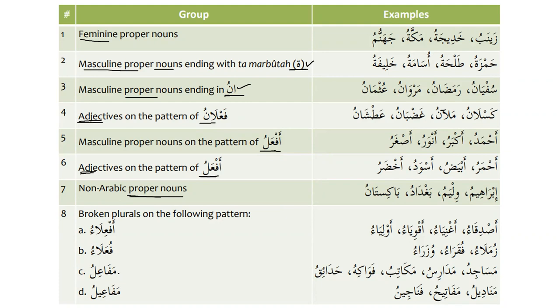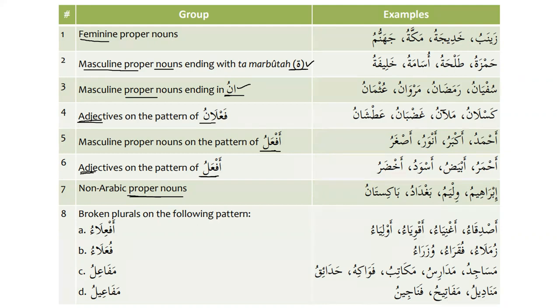And two also patterns, and they are called muntahal jumur. And that means that we cannot make further plural from them. We have one mafa'ilu, and on the pattern of mafa'ilu, we have masajidu, madarisu, makatibu, fawakihu, and hadaiqu. And similarly, we have mafa'ilu, and on the pattern of mafa'ilu, we have manadilu, mafatihu, and fanajinu.